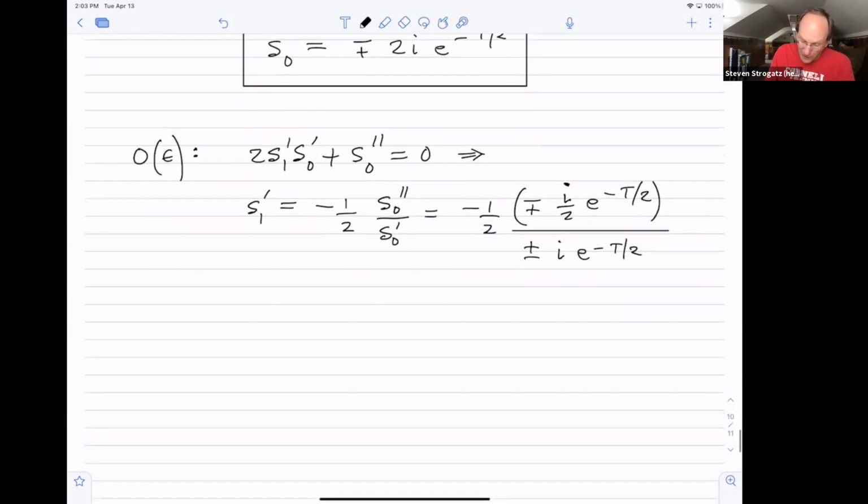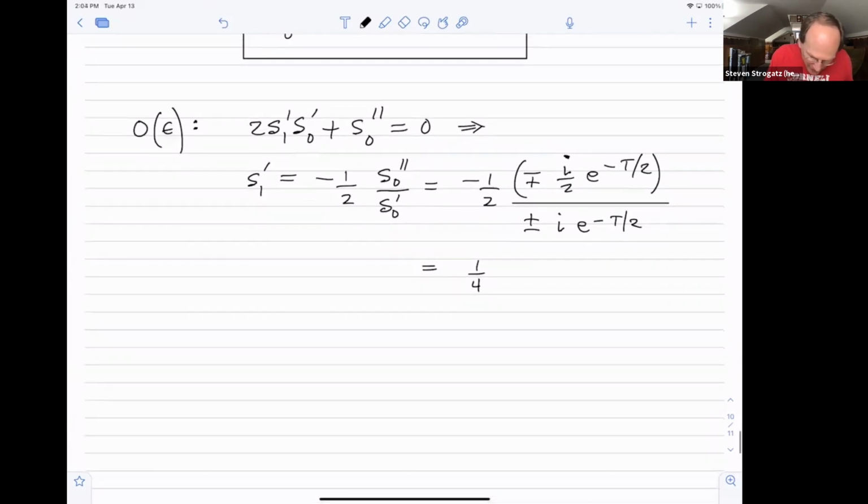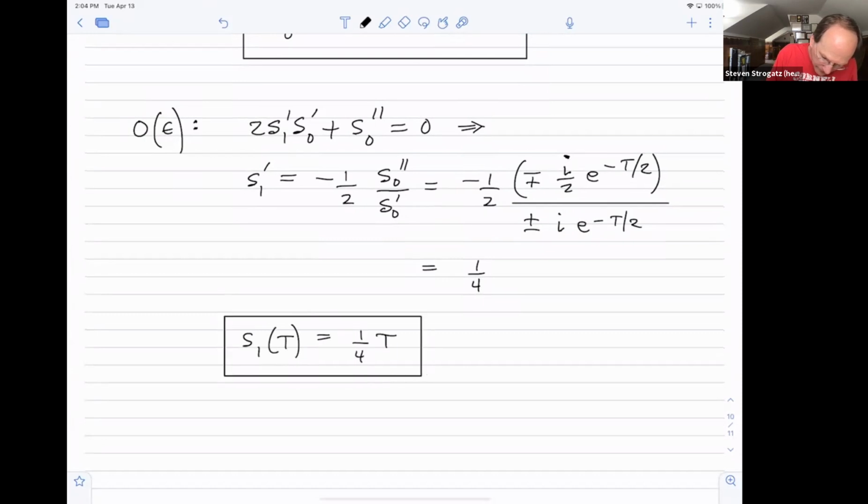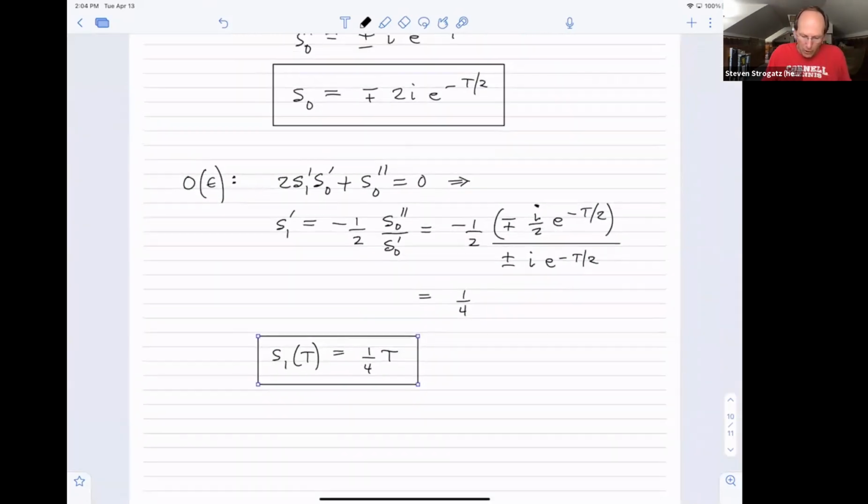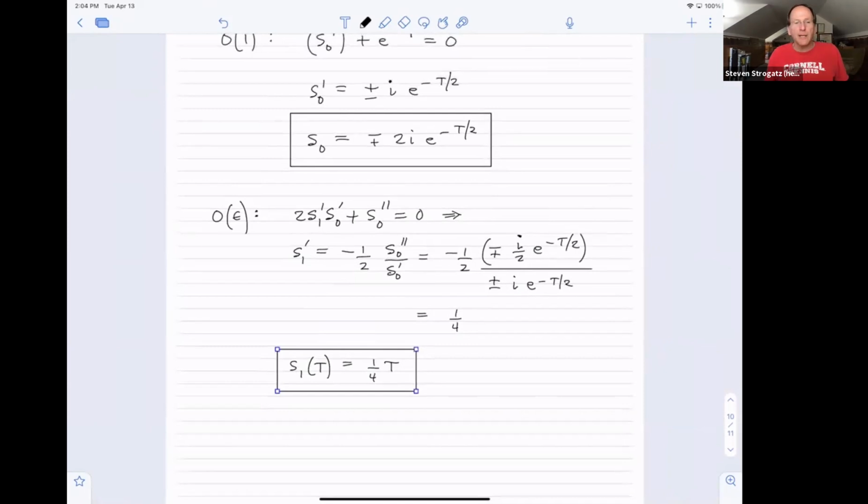And a whole lot of stuff cancels out, and it ends up just becoming 1/4. The famous 1/4. So that's very nice. I mean, we can instantly integrate that to get S1 of capital T is 1/4 t. So there's my S0, there's my S1.